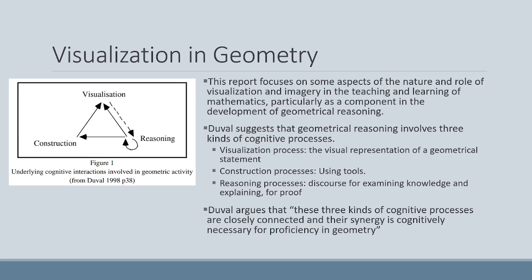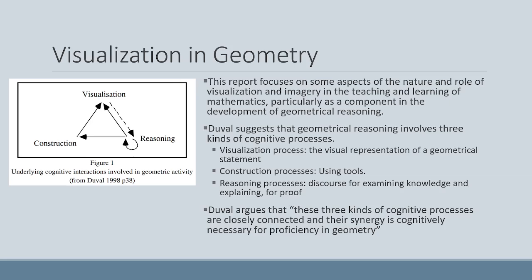So Duvall suggests that geometrical reasoning involves three kinds of cognitive processes. First is the visualization process, which is the visual representation of a geometrical statement. Secondly is the construction process, which is using tools.